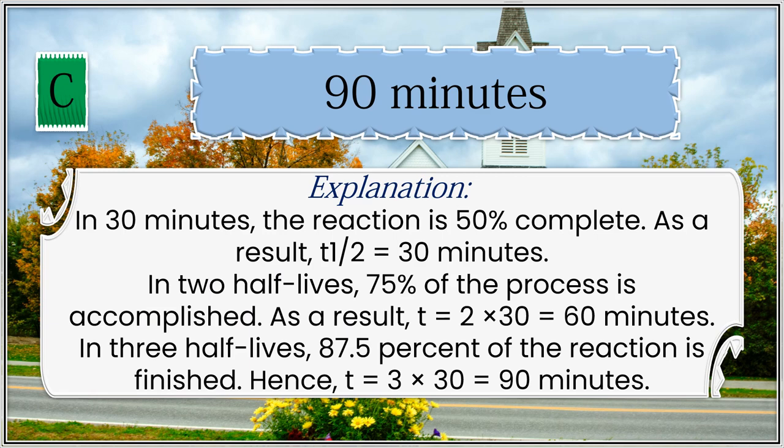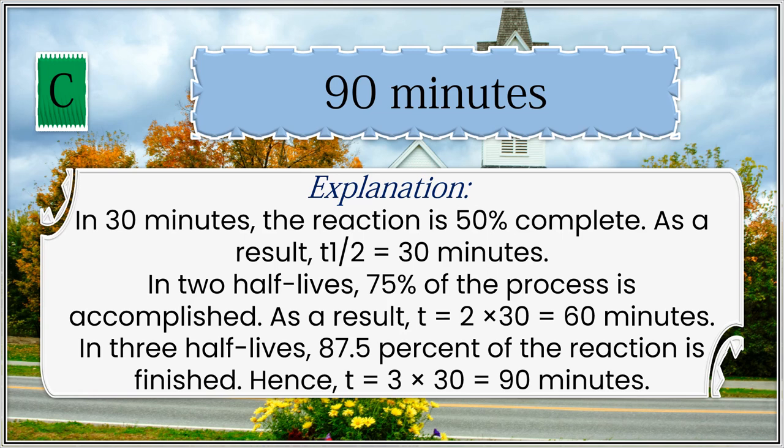In 30 minutes, the reaction is 50% complete, as the half-life equals 30 minutes. In 2 half-lives, 75% of the process is accomplished, as T equals 2 times 30, which is equal to 60 minutes.